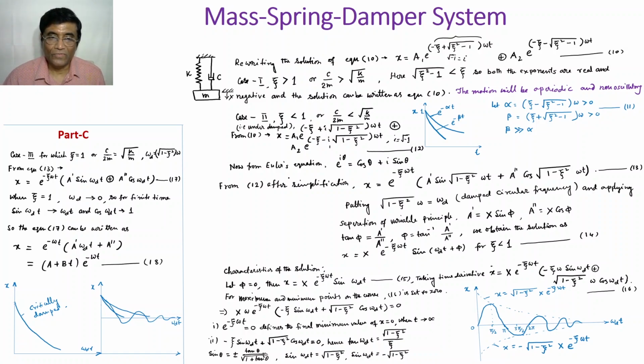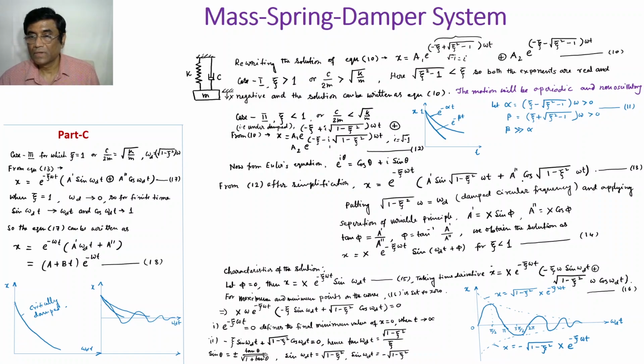So here also, what is going to happen? Let us see. x equals e to the power minus zeta omega t, just algebra, times a dashed sine root over 1 minus zeta square omega t plus a double dashed cosine root over 1 minus zeta square omega t.